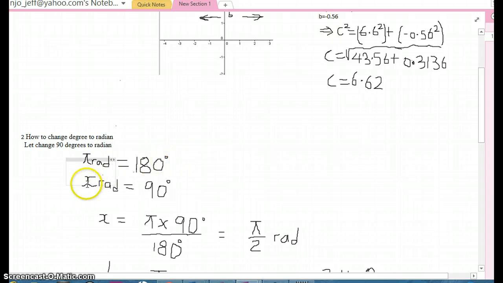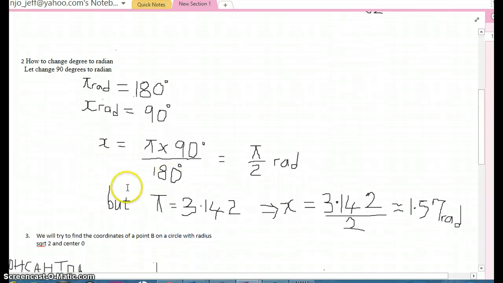If we assume an unknown angle x in rad, then we equate it to the given angle 90 degrees, and we can easily find the unknown angle x. If we cross multiply, x rad multiplying 180 degrees and 90 degrees multiplying pi rad, then our resulting answer is pi rad over 2.